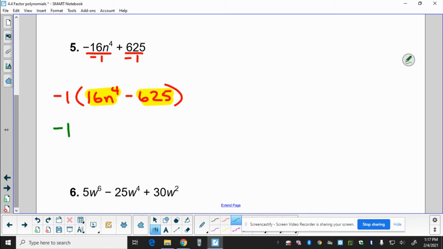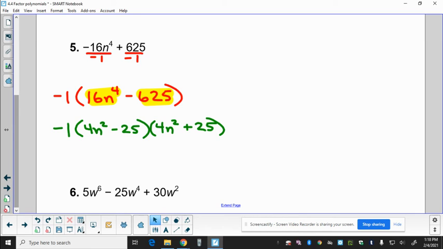So I know I've got my greatest common factor, and I'm going to use my formula for the difference of 2 perfect squares. The square root of 16n to the 4th would be 4n squared. The square root of 625 is 25. Difference of 2 perfect squares. Now I'm telling you what, I think we can go even a step farther, because this expression is also a difference of 2 perfect squares.